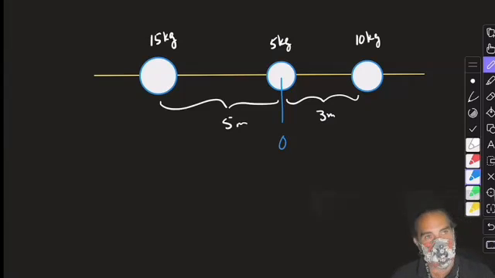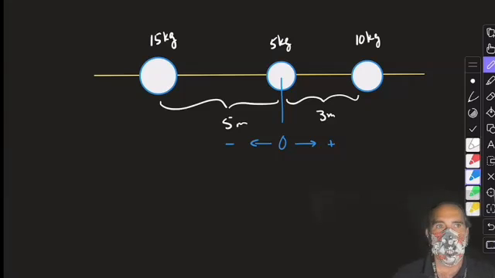So when I choose this as my reference point, I'm doing so because I have mass on the left side and on the right side. I need to differentiate left from right, so minus and positive is how I'm going to do that. And it's a vector. I've just arbitrarily made the left negative and the right positive.